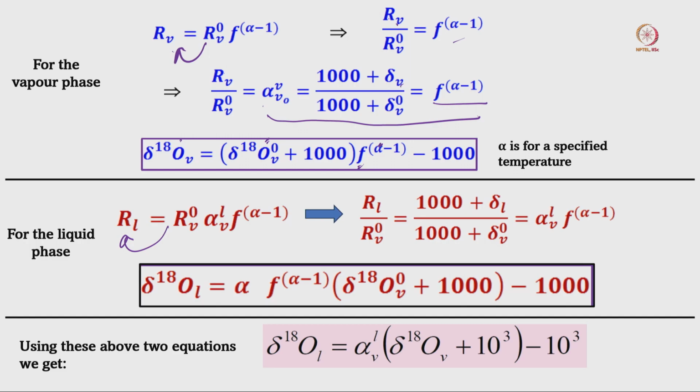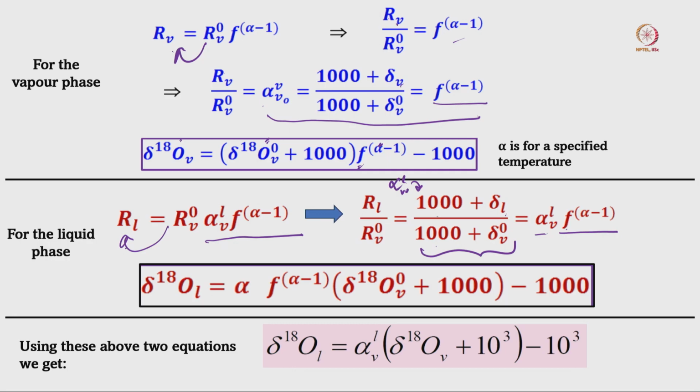So, R L divided by R V 0 is alpha L by V 0, and that can be written as 1000 plus delta L divided by 1000 plus delta V 0, which is equal to alpha L V into f to the power alpha minus 1. Okay, we came down to this term.